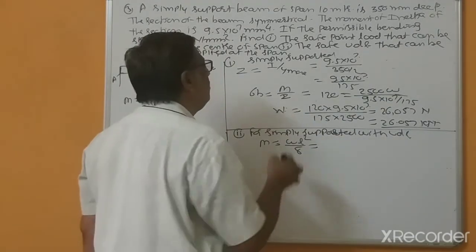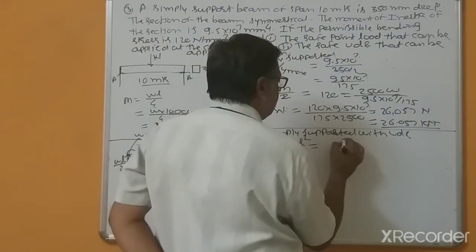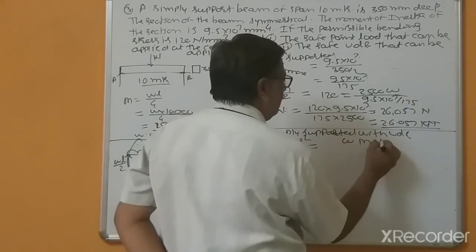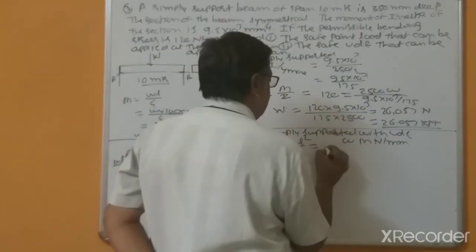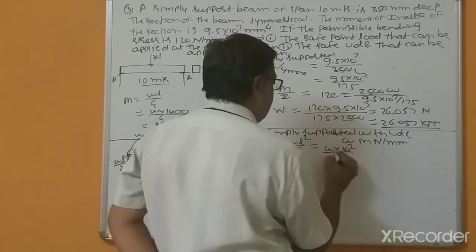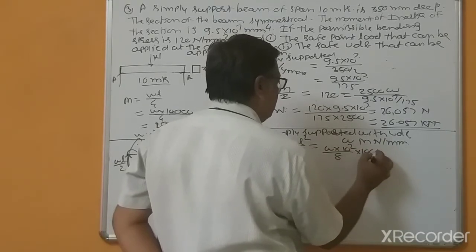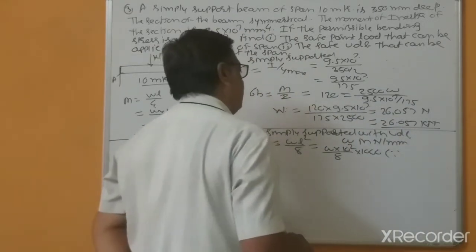This is small w, this is capital W. So small w in Newton per mm. So that's why w into 10 squared divided by 8 multiplied by 1000. This is w in mm.